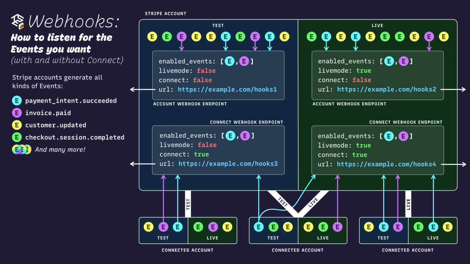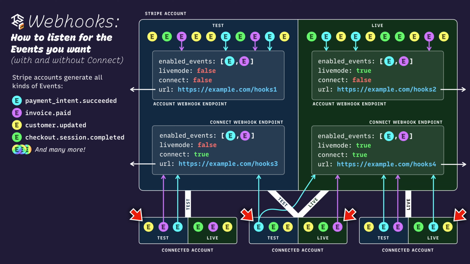Now that we have three connected accounts, note that the Connect webhook endpoint in test mode is receiving events from all the accounts connected in test mode, and the Connect webhook endpoint in live mode is receiving events from all the accounts connected in live mode. Connect webhook endpoints receive events from all connected accounts, not just one. Events sent to a Connect webhook endpoint will have an account parameter which lets the platform see which account each event belongs to.